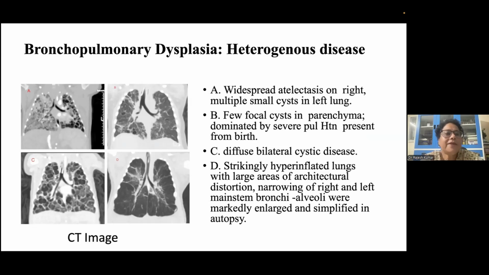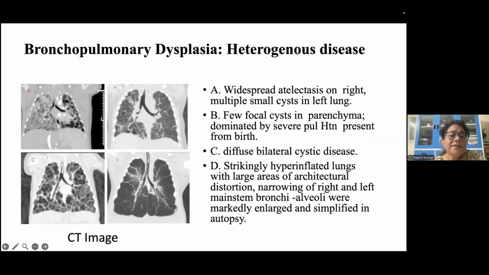In the first picture, A, we can see widespread atelectatic changes on the right side, whereas there are cystic changes on the left side. In this patient, there are few focal cysts in the parenchyma, but this patient had severe pulmonary hypertension right from birth. Then the third patient has cystic lesions all over both lungs.